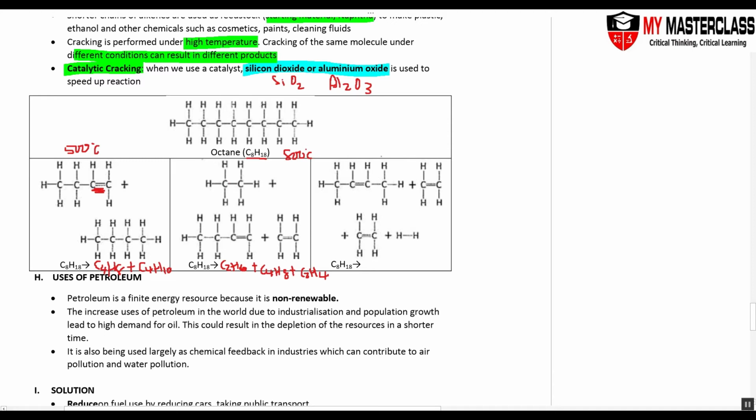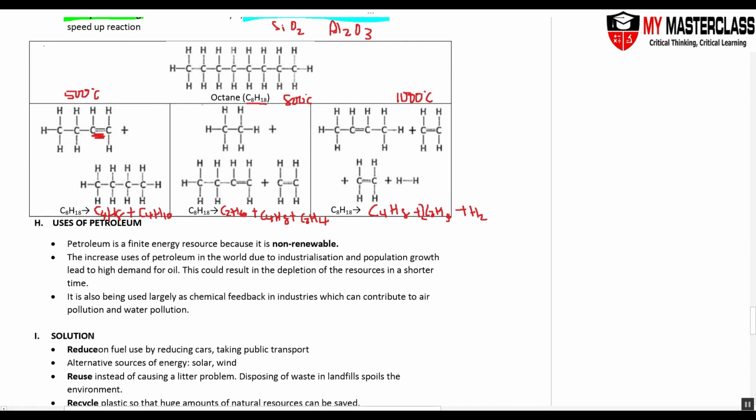And then the next example, maybe at 1000 degrees Celsius, okay, it broke up into still C4H8, C2H4, 2 times of your C2H4, the ethene, and your hydrogen gas. Okay, so this is an example where it breaks down into alkenes and hydrogen gas.